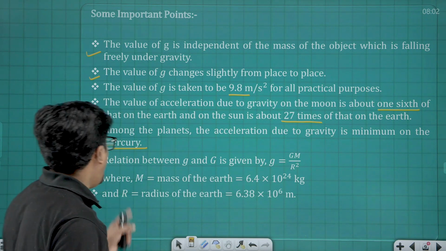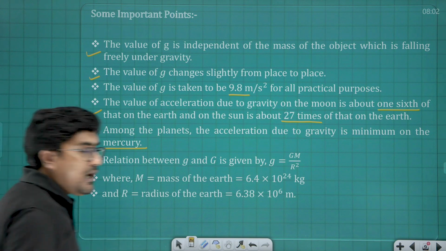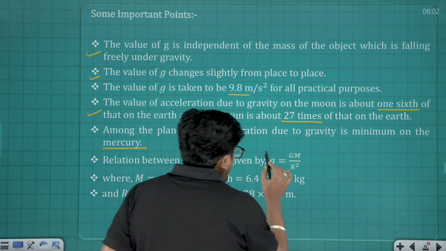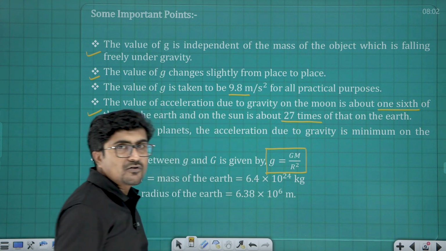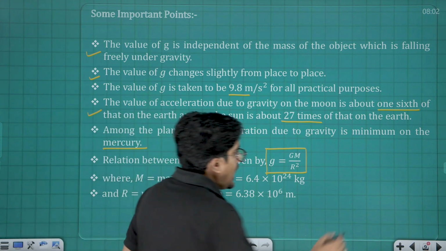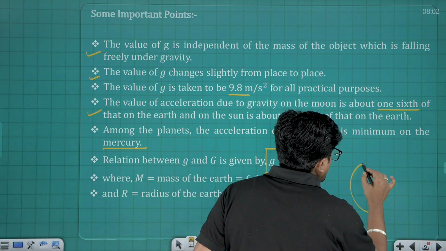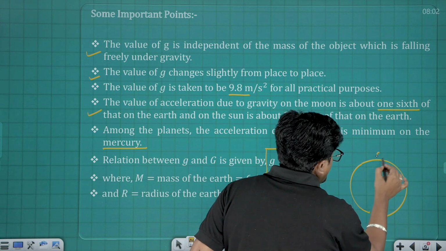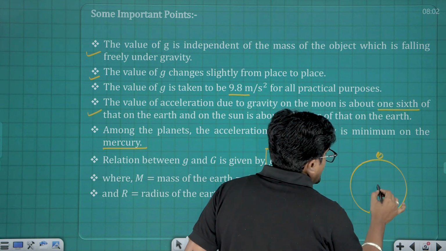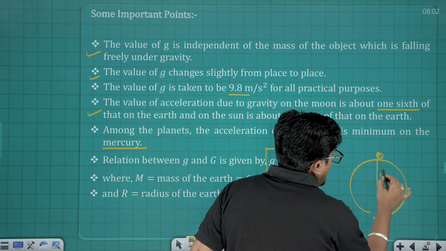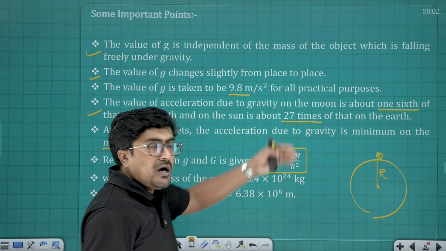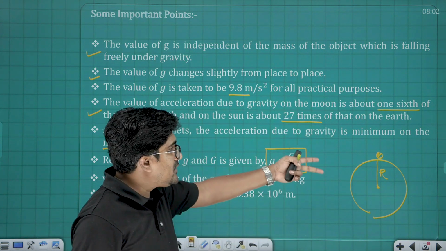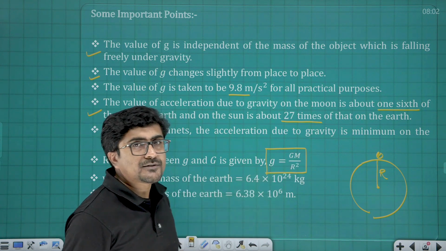All right. And next, what is going to be the mathematical expression for acceleration due to gravity on the surface of the earth? For that, you know how to get it. You just need to keep a mass on the surface of the earth and mark the radius as capital R. I already told you, if we are having a mass outside a spherical body, we can treat this as 2 point masses.